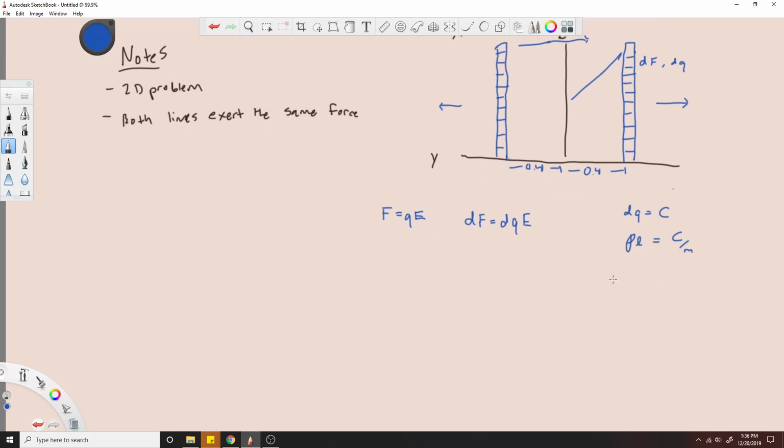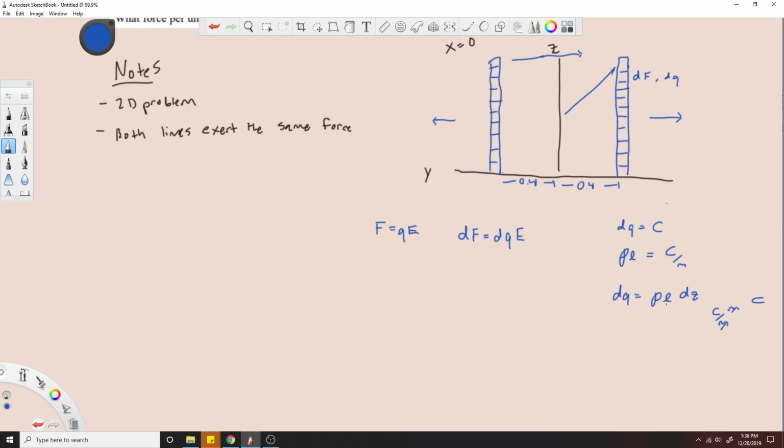We can say dQ is equal to rho L times dz, and that works out because rho L is coulombs per meter and dz is a meter. Boom, coulombs. Your units work out. So now you have dQ is rho L dz.